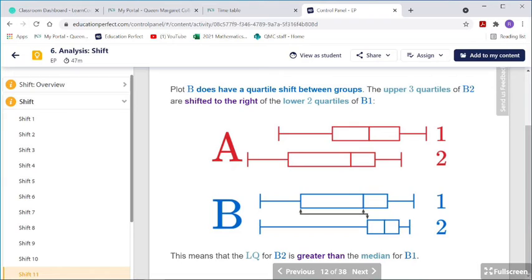So if this line had been here, this would be demonstrating quartile shift. But it's always a median compared to lower quartile or upper quartile. So if the median is above or below one of the upper or lower quartiles, then you're showing quartile shift. Right? It's always median compared to upper or lower quartile. Okay? All right.